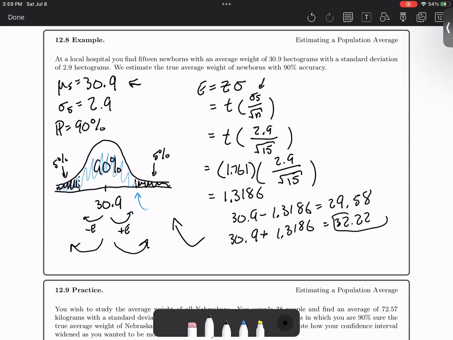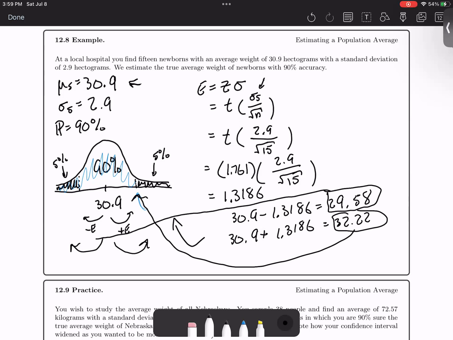So this 32.22 goes right there. This 29.58 is the lower bound. So you're 90% sure that the true average weight of newborns based on your sample is between 29.58 hectograms and 32.22 hectograms.